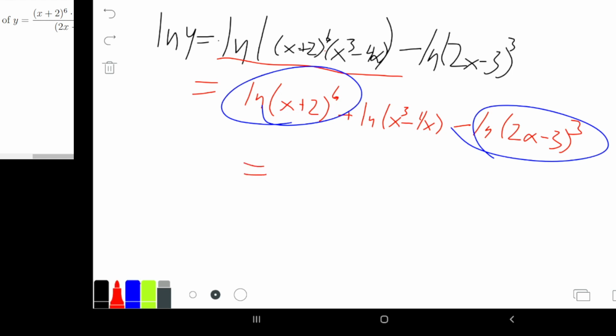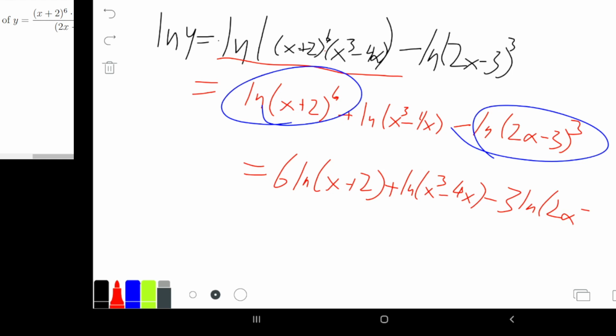And I get 6 ln x plus 2, plus ln x cubed minus 4x, minus 3 ln 2x minus 3. And this is all still equal to ln y.